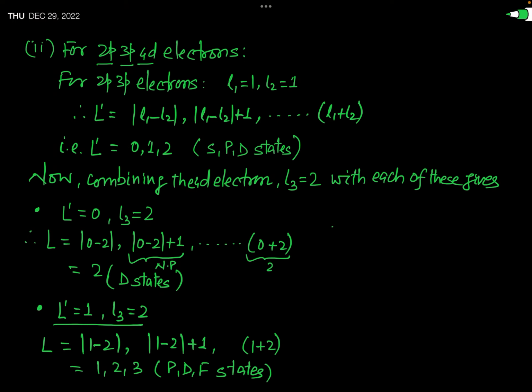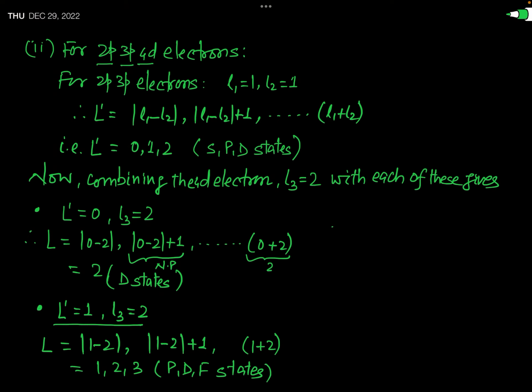Although the optical electrons are more than 2, you have to consider first of all 2 electrons. And for those 2 electrons, first find the value of capital L. Then that capital L will be combined with the third electron. Okay. So let us see.